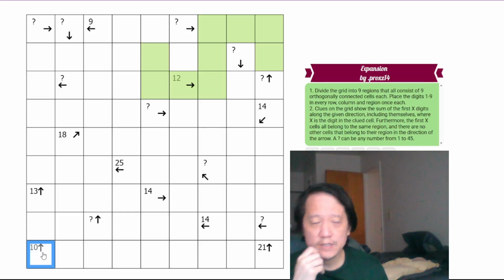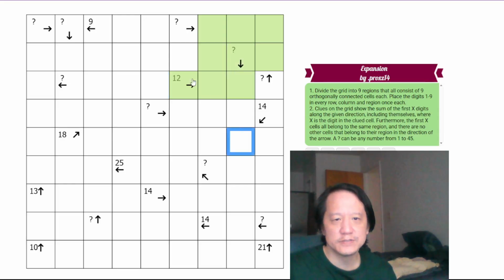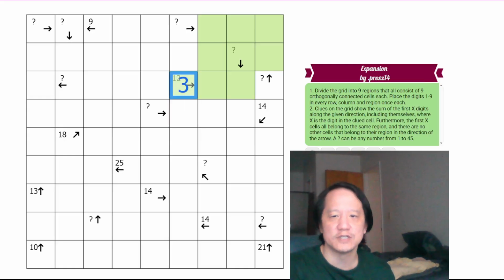Okay. So say, let's do something like this. For here, we have a digit x, which is the digit in the cell.